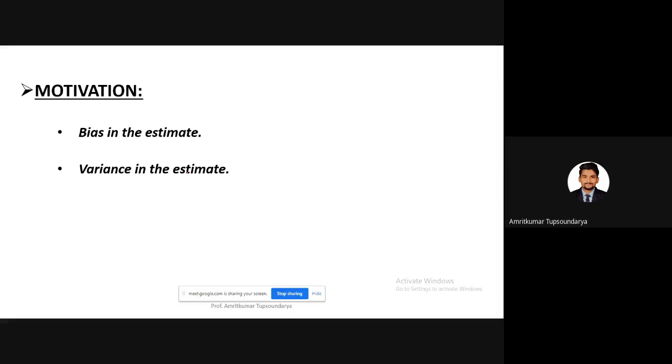That way we can have the bias in the estimate. So how can we get an unbiased estimation?